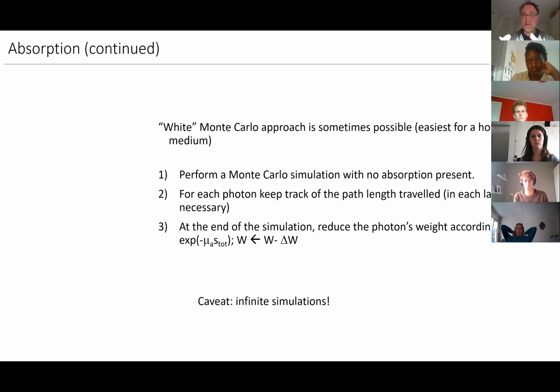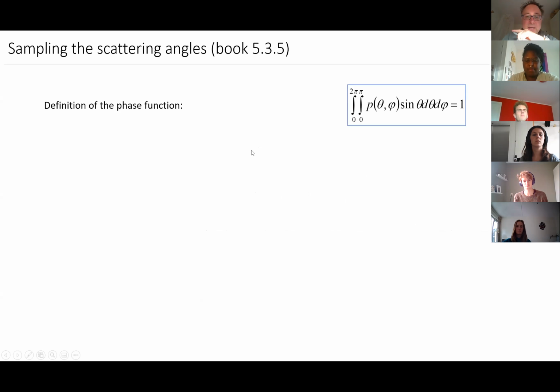You can just run one simulation without absorption, and then in the end add absorption to the results to simulate different situations. The only drawback is that your simulation can run infinitely long, because if there is no mechanism of losing a photon, it could be bouncing back and forth in the simulation forever. So you have to take care of that in some way. But that's all a little bit too much detail, I think.